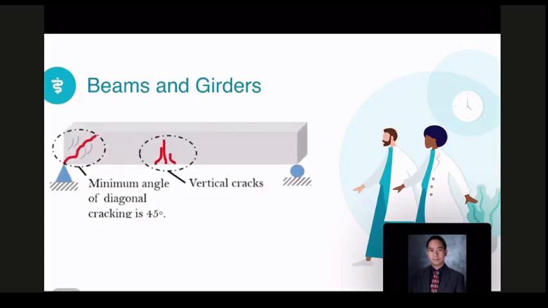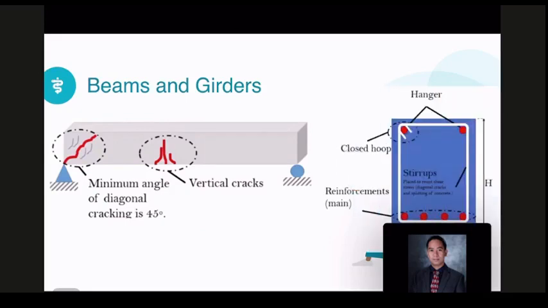For the analysis of your beam, you will see the vertical cracks, and the minimum angle of diagonal cracking is 45 degrees. The main difference between a girder and a beam is the size of components.